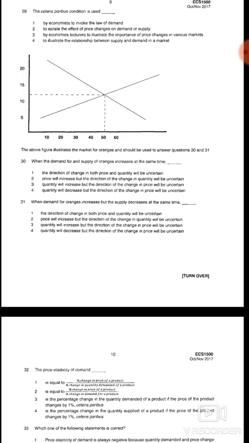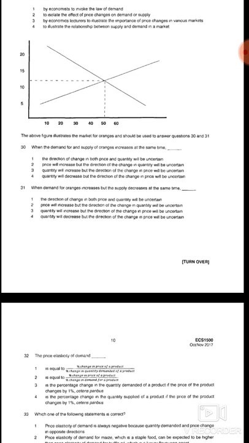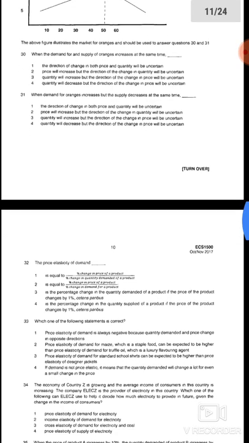The price will increase, but the direction of change in quantity, no, option number 3. The quantity will increase, but the direction of change in price is uncertain, so the answer is option number 3. If supply and demand of oranges increase, quantity will also increase, which is true, but price will be indeterminate or uncertain. So it's option number 3.